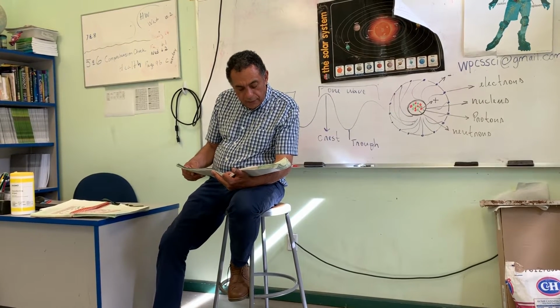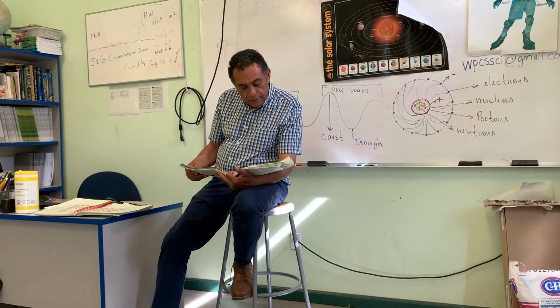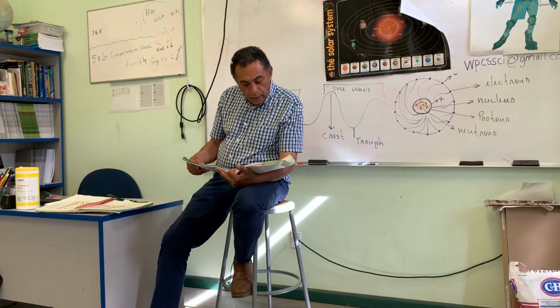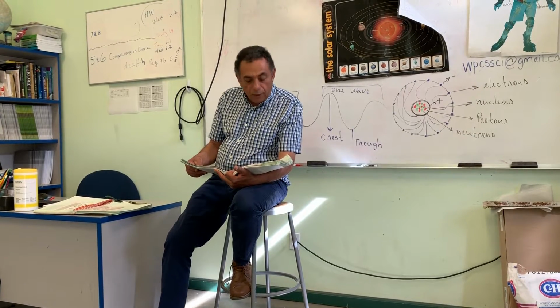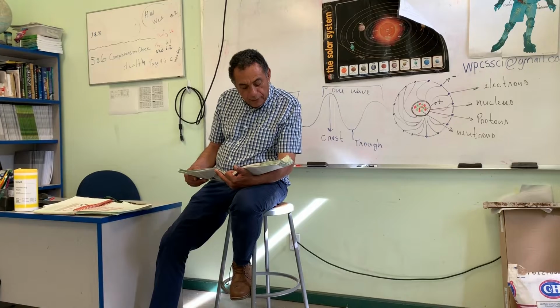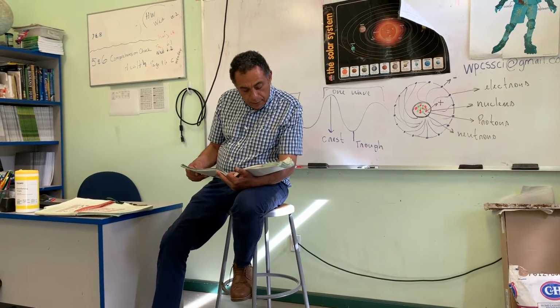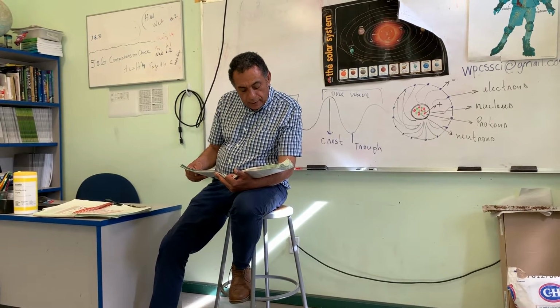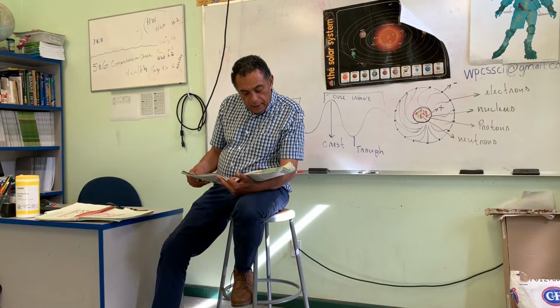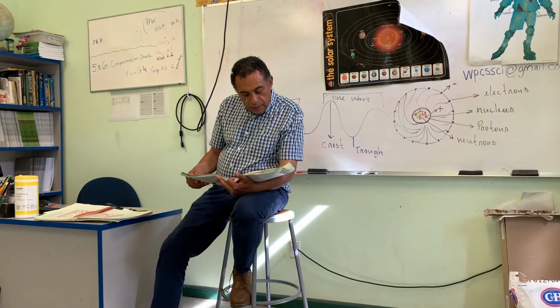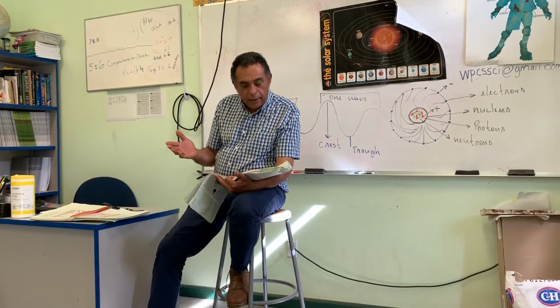Some substances are composed of only one type of atom. For example, a piece of pure copper is just one type of atom. What is this? It is an element.